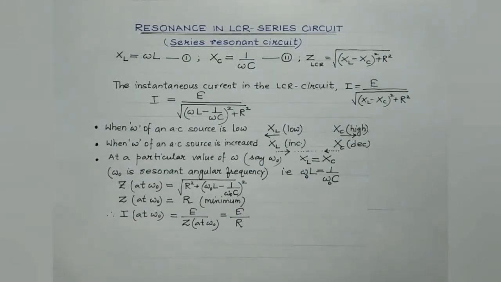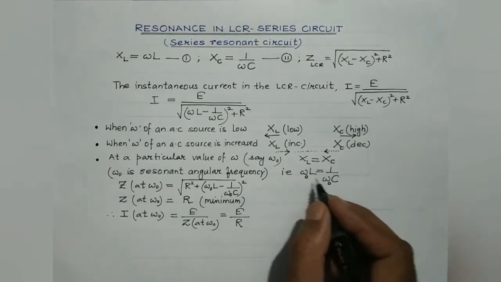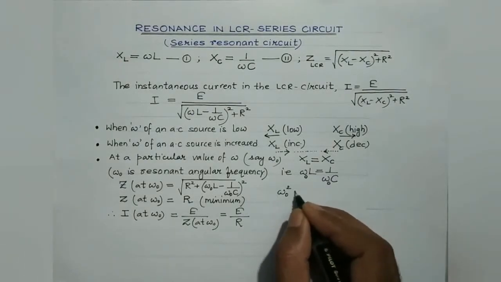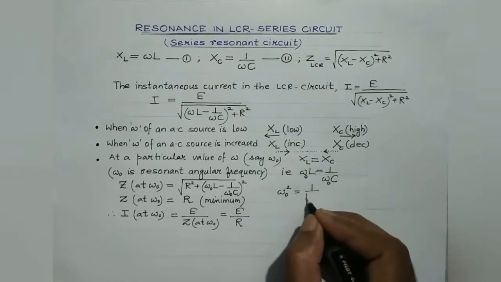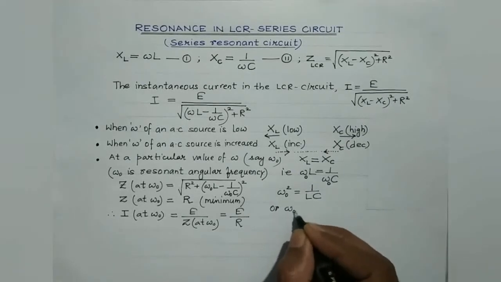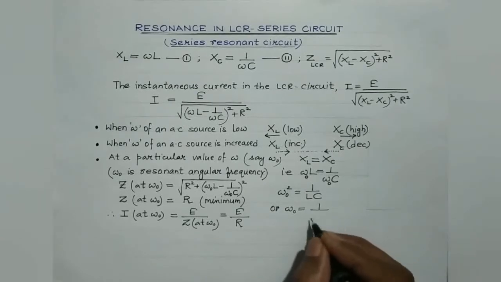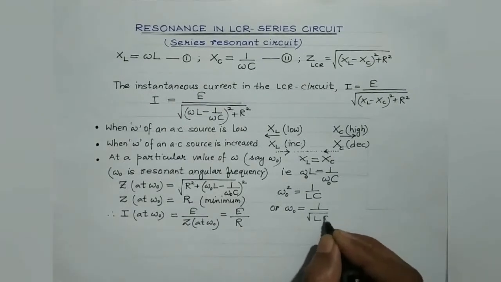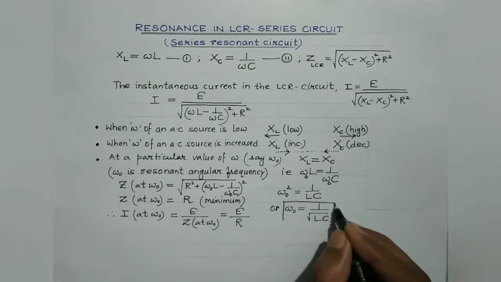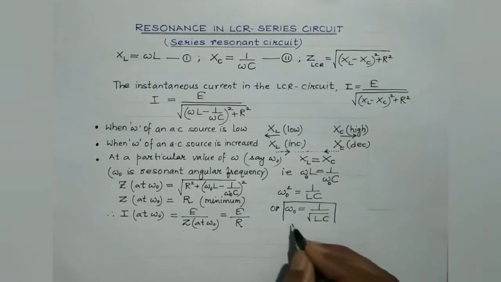We can find out the expression for the resonant angular frequency. From here, what we can write is omega naught square is equal to 1 by LC, or omega naught is equal to 1 by square root of LC. So this is the expression for the resonant angular frequency.